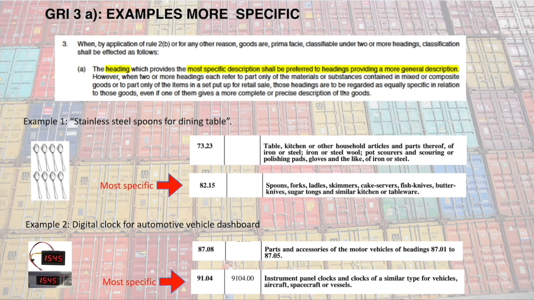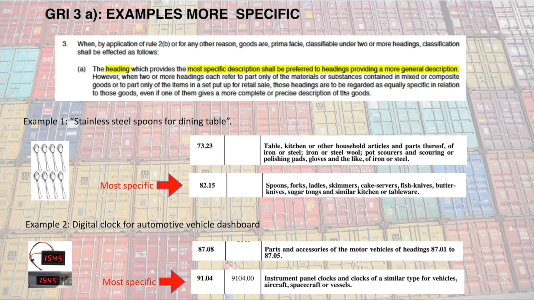Another example, in the same situation as the previous one, with an import of a digital clock for an automotive vehicle dashboard: we have at first glance these two classification options. 8708, parts and accessories of motor vehicles of headings 8701 to 8705, and 9104, instrument panel clocks and similar clocks for automobiles, aircraft, ships, or other vehicles.